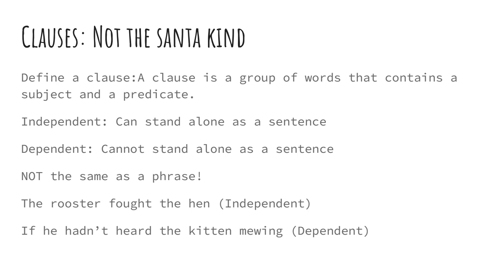But right now we're going to move into a unit on clauses. And a clause is similar to a phrase in that it is also a group of words, but the one difference between a phrase and a clause is that a clause will have both a subject and a predicate.